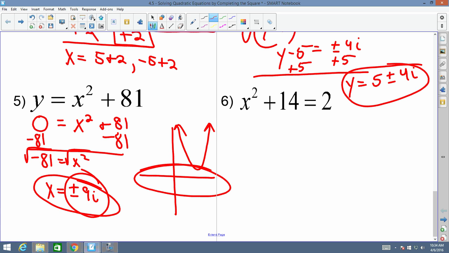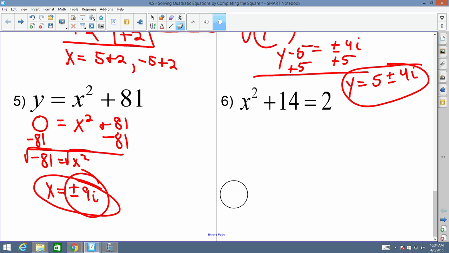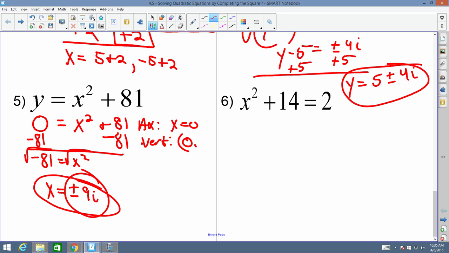Well, think about the y-intercept. We would go back to old school days. Axis of symmetry. Remember the axis is negative b over 2a. There is no b, so x equals 0. My vertex: when x is 0, y is 81, so my vertex is (0, 81).